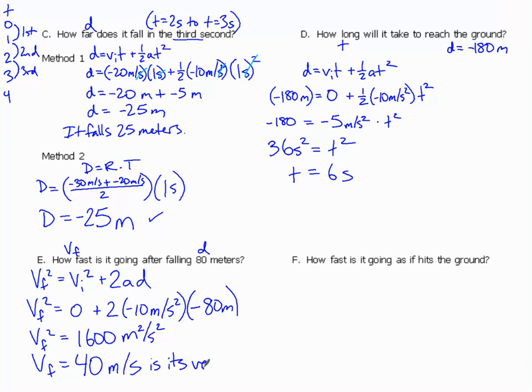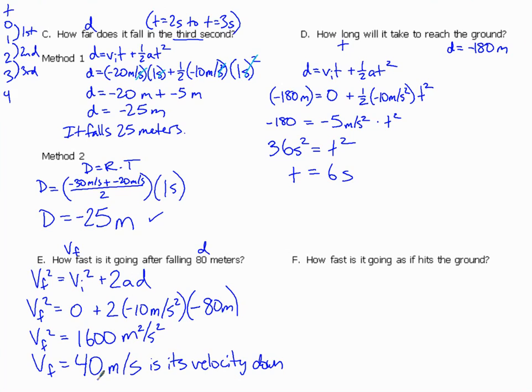Is its velocity down. Now again, you're going to have to pay attention to the direction, the positive and negative, because its final velocity is in the direction of the ground, which would be negative, and so we need to be careful.